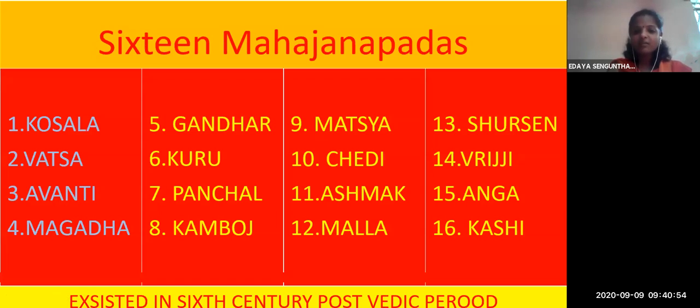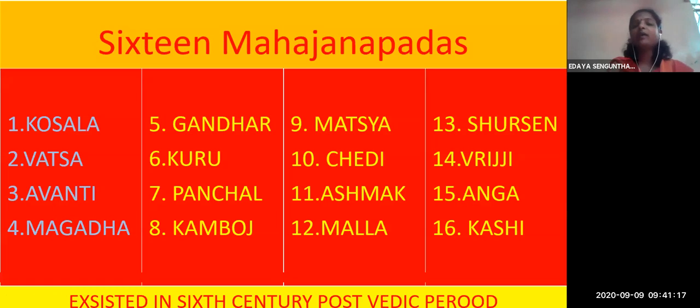Remember, Ashmak is in Maharashtra. Ashmak is located in Maharashtra. Malla, Shursen, Vrijji, Anga, Kashi. Okay, these are the names.